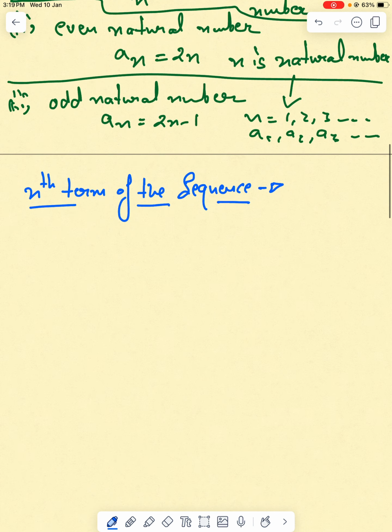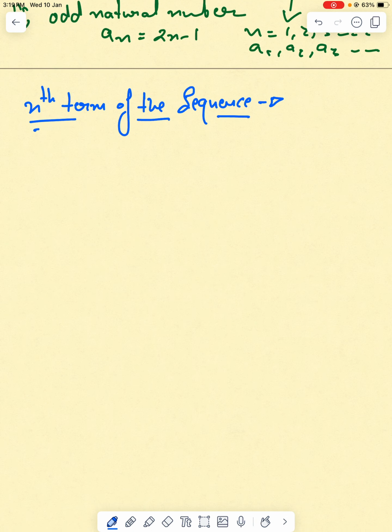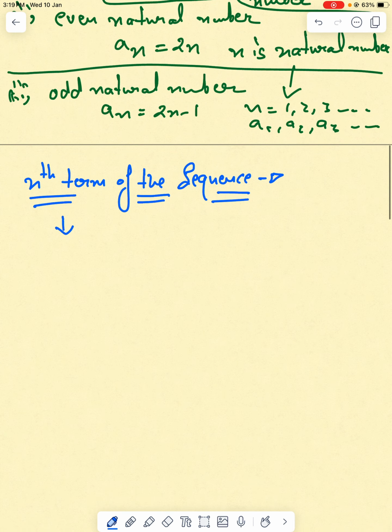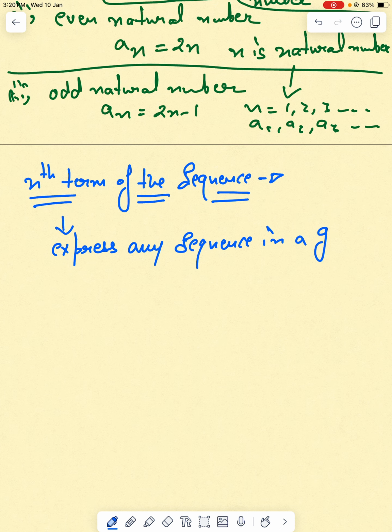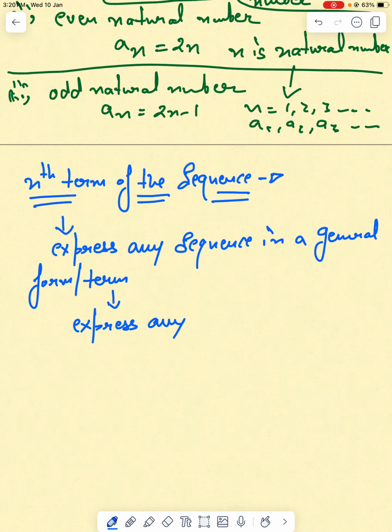Okay, so what is the nth term of the sequence? We have already learned that the nth term is any term; it is just a way to express any sequence in general form, or you can say, expressing any sequence in algebraic form.